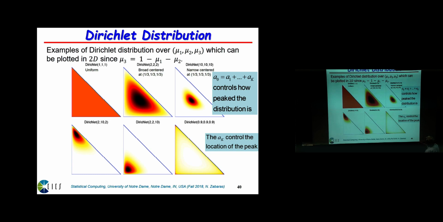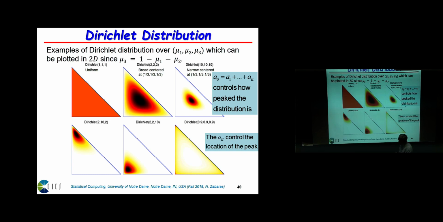In the graphs on the top, I try to keep all the coefficients alpha k the same, so what I'm really changing is their summation, alpha 0. And notice, if the parameters are 1, 1, 1, I get a uniform distribution.